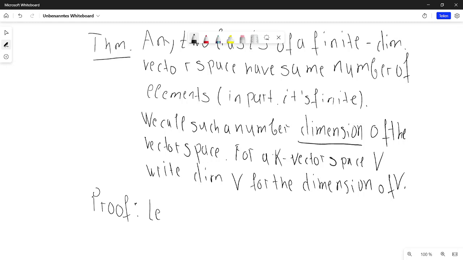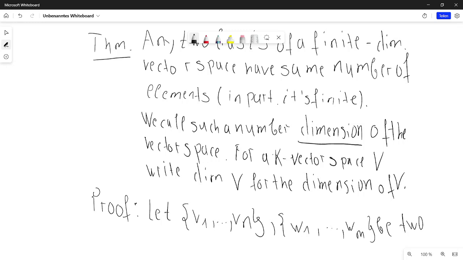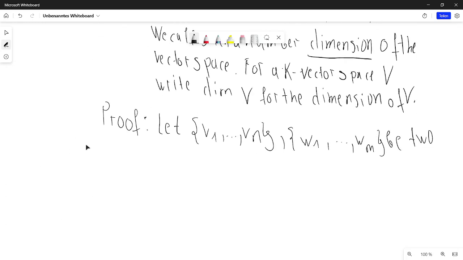Let v1 to vn and w1 to wm be two bases of course of a finite dimensional vector space V, since a finite basis exists.